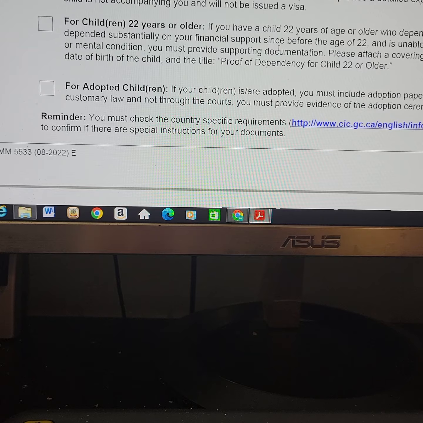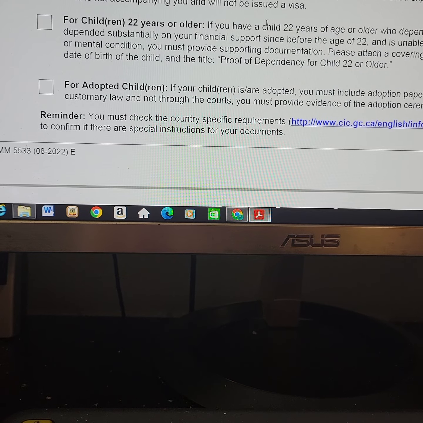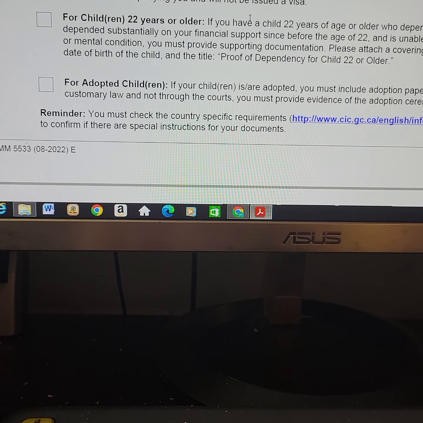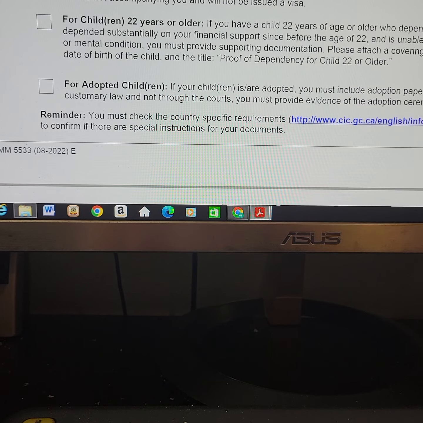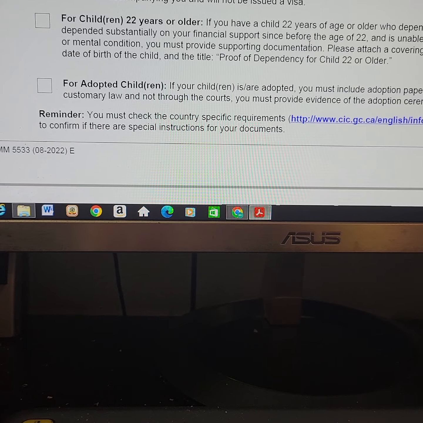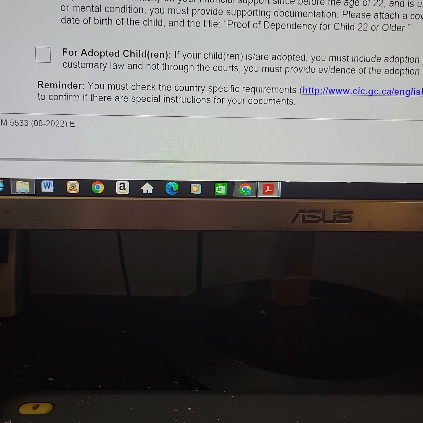If you do have children from a previous marriage, before you got married to a Canadian citizen, then you will have to read everything properly and submit the needed documentation for each of your children.